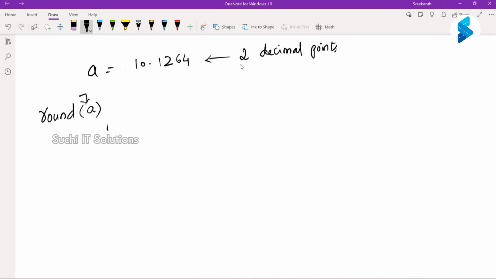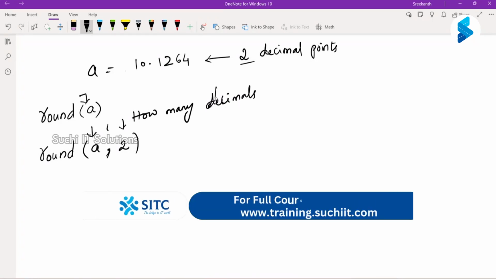Since I want 2 decimal points, I pass the value, comma, and the number of decimals. The first is the value that you have to round, and the second is the parameter where we specify how many decimals. This is what the round function is.